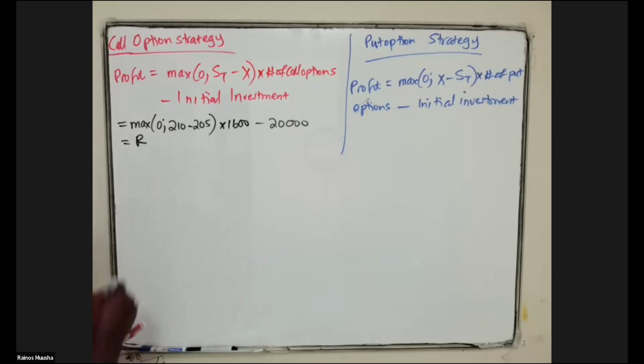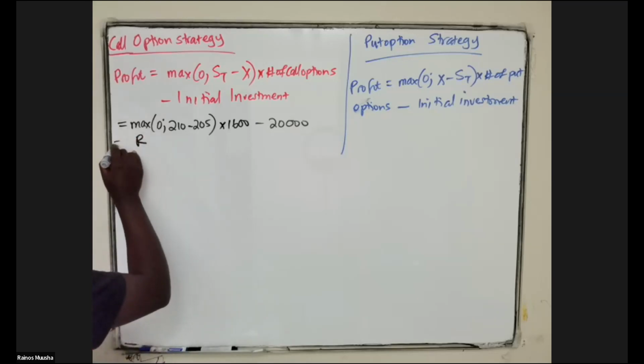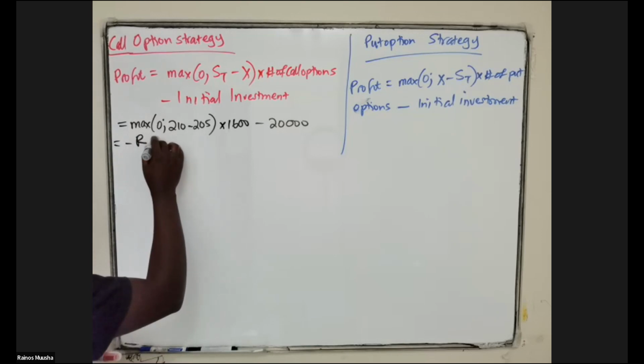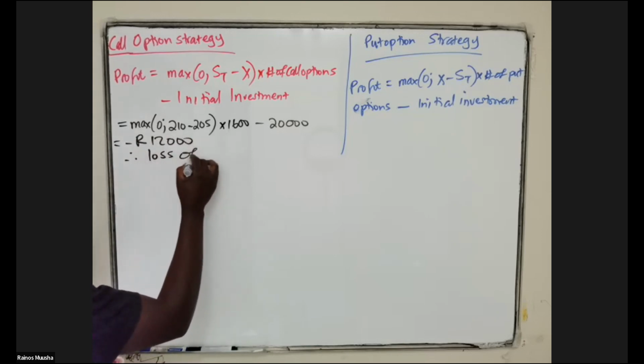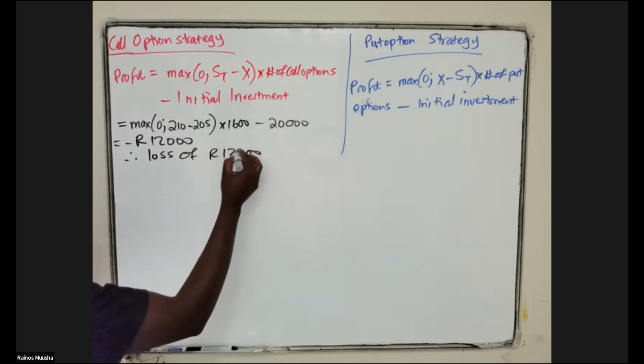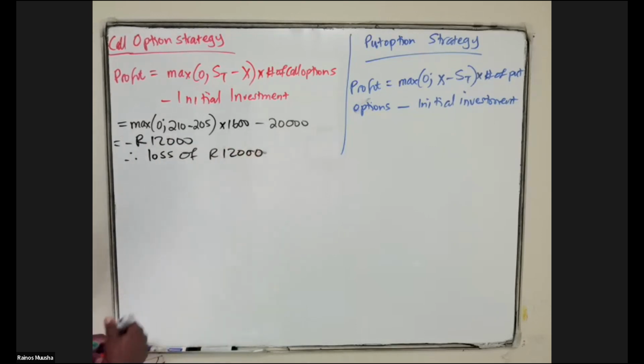Minus 12,000. So in this case, it's going to be minus 12,000. So therefore, a loss of 12,000. Are we together?